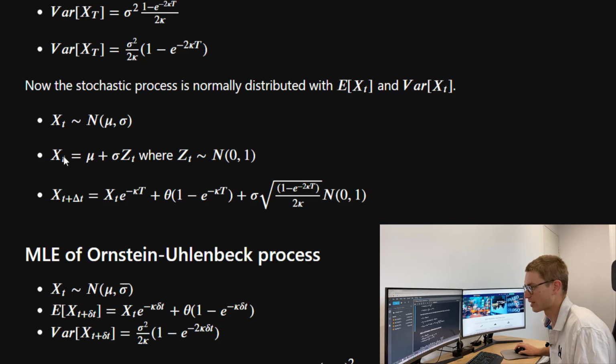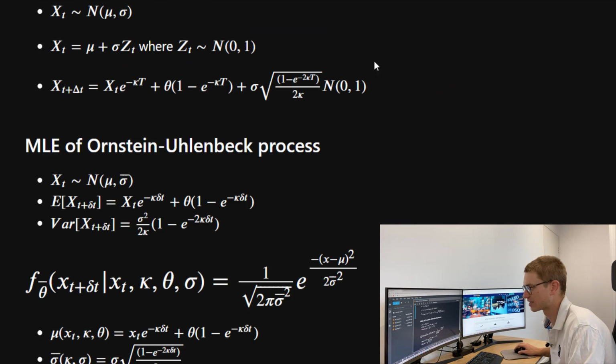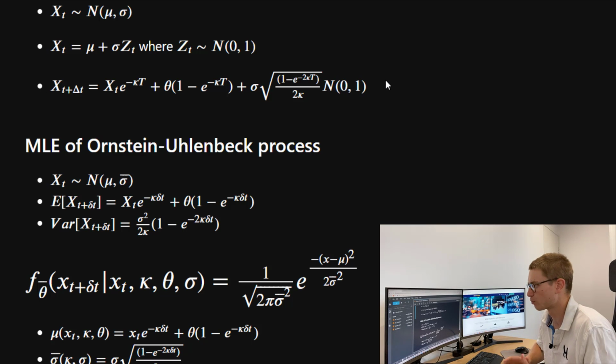Now what I can do is a translation of this variable, which has the same distribution as mu plus sigma Zt, where Zt is the standard normal distribution. So therefore I can get this discretized equation of the true process between time steps. This is the formula that I'm going to be using for the MLE of the Ornstein-Uhlenbeck process.